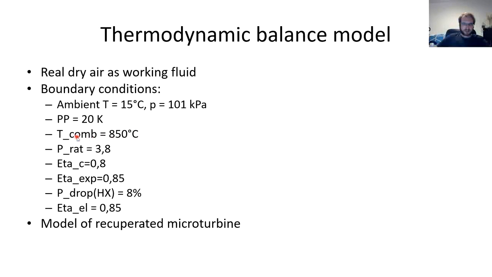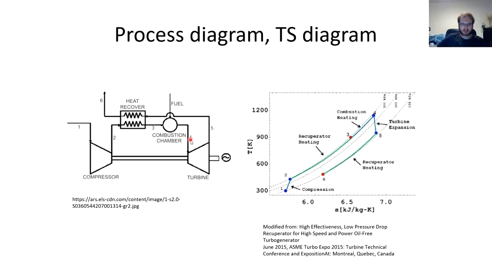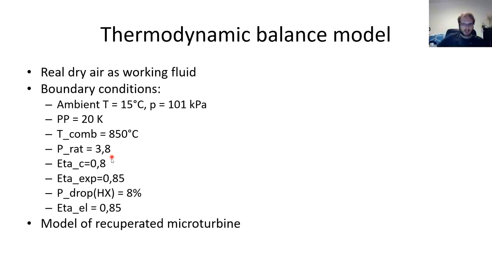Then the temperature in the combustion chamber will be 850 degrees C. That's the highest temperature in the cycle, before the entry to the turbine, point 4. Then we will have the pressure ratio of 3.8. Efficiency of the compressor 80%, efficiency of the expander 85%.